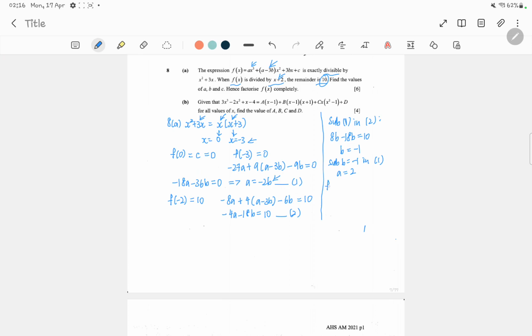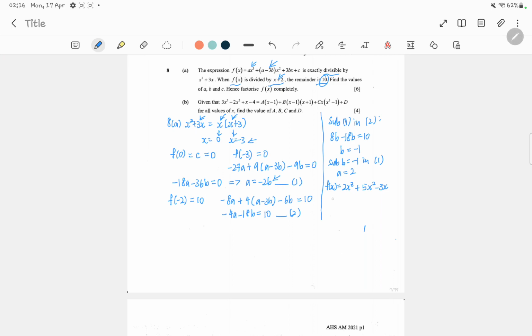We can see that f(x) equals 2x cubed plus, for a minus 3b, in this case it will be 5, so 2x cubed plus 5x squared. 3bx will be minus 3x, and c equals 0. So this will be our f(x) after substituting all the values of a, b, and c.